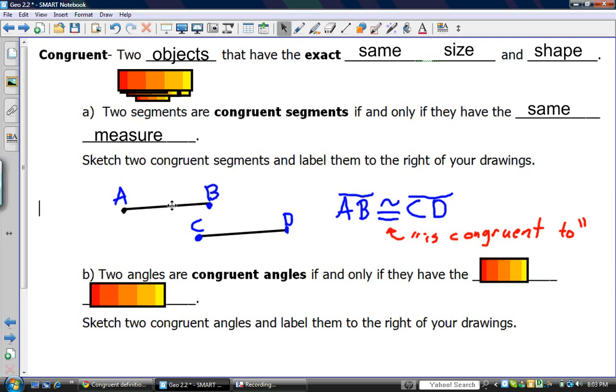Now, on our diagram, you mark that with a dash. If there's a dash here and a dash here, that's saying that these two segments are congruent.